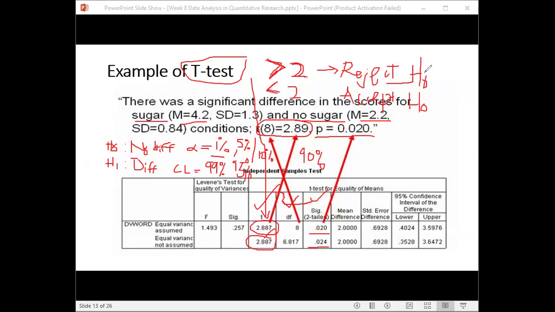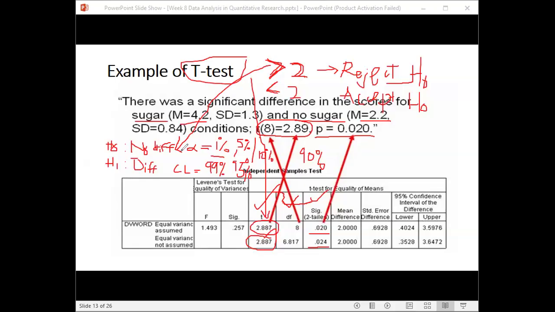What is going to happen is that rejecting the H0 in this instance is going to say that I have to reject this statement, which is saying there is no difference between sugar and no sugar. So if I'm rejecting the H0, then I'm going for the H1, which is the alternative claim that I also made. So the main claim H0 has been rejected.